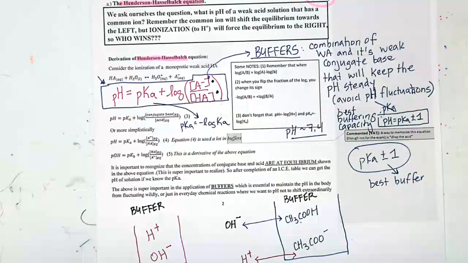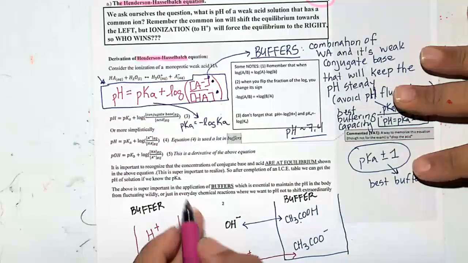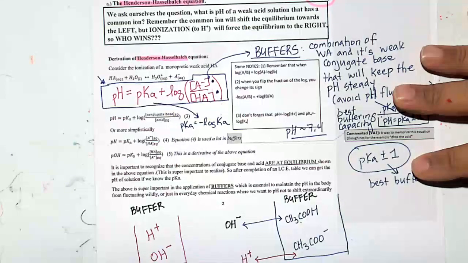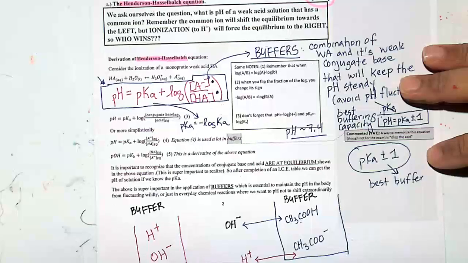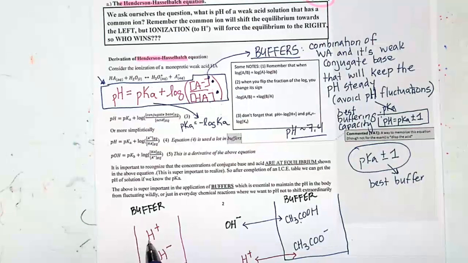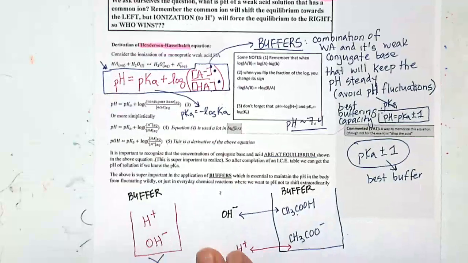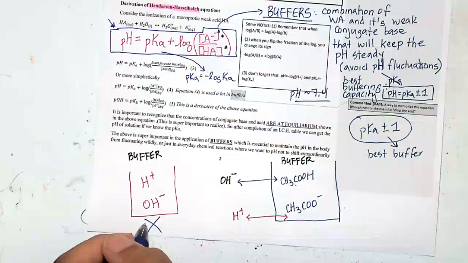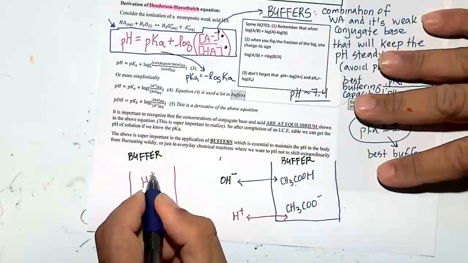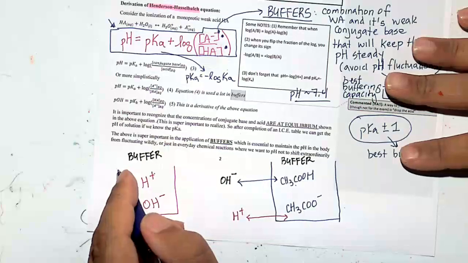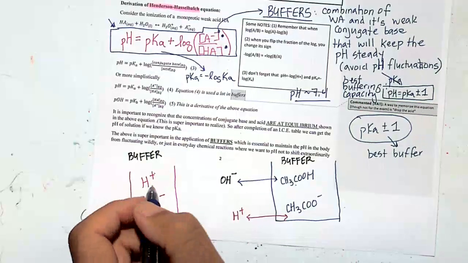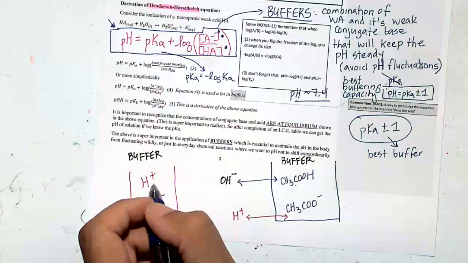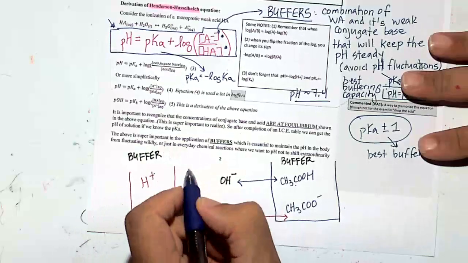So let's say we flip this. First of all, this is not going to happen, because this and this cannot serve as a buffer. But let's say we have HCl, our strong acid, and NaOH, our strong base.